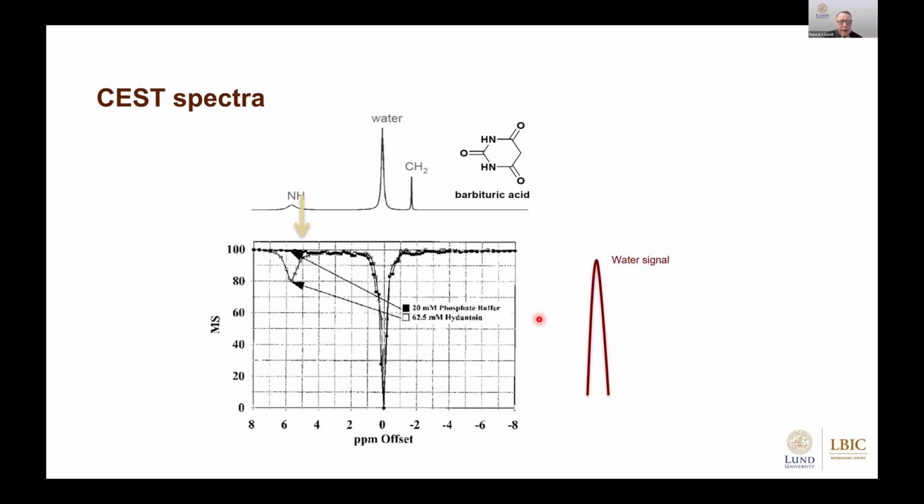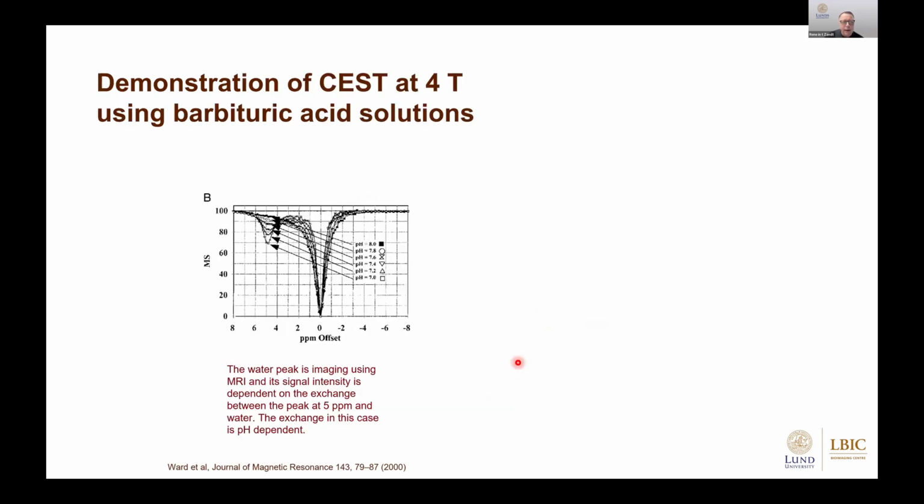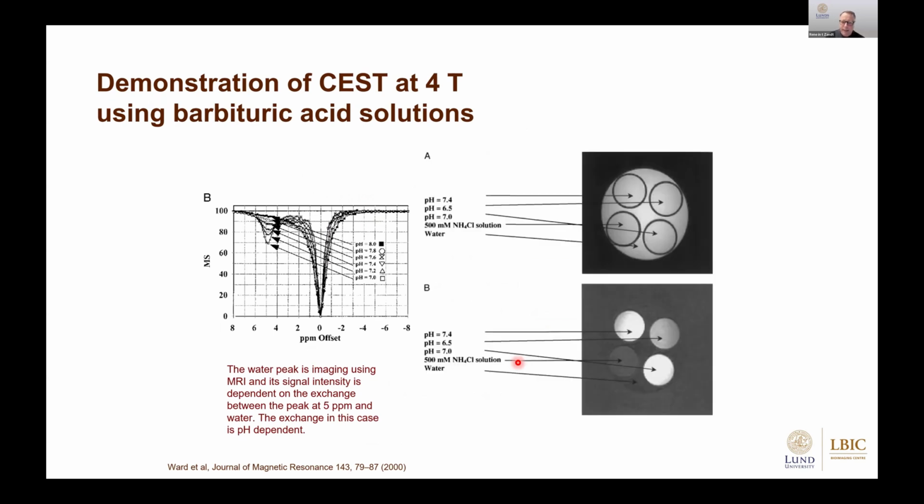And the interesting part happens when we reach the NH group. So suddenly we see that the signal drops because one of these protons is not bound continuously to the NH group. They also will change to the water and forth and back. And it gets really interesting if you realize that this exchange is pH dependent. So if I would redo this experiment in an imaging kind of way, I can make an image of 4 vials.